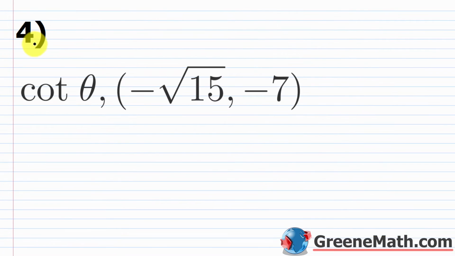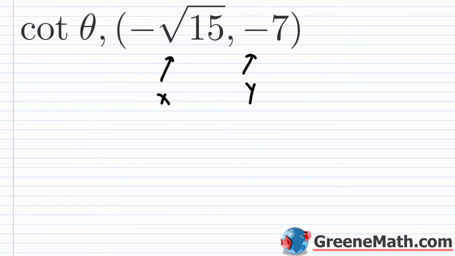All right, for problem number 4, we want to find the cotangent of theta, given the fact that this point has an x value of negative square root of 15, and the y value is negative 7. So when we think about the cotangent of theta, remember this is the reciprocal of the tangent of theta. So the tangent of theta is y over x. The cotangent of theta is x over y. So in each case, you don't want a denominator of 0, but that's not going to come up here.